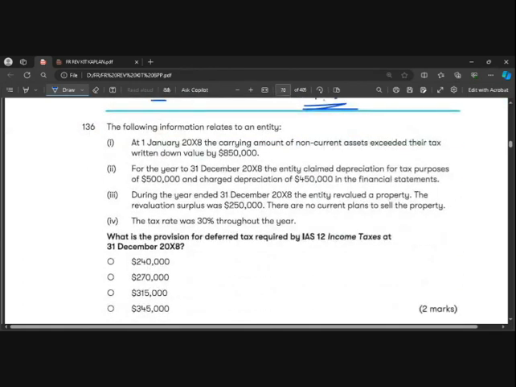136. They're telling you, what is the provision for deferred tax required? Read this question. The carrying amount of non-current asset exceeds the tax base by the value of 850 opening.